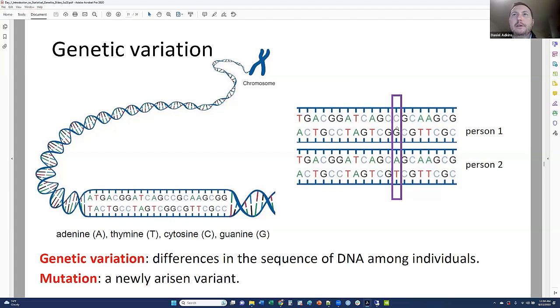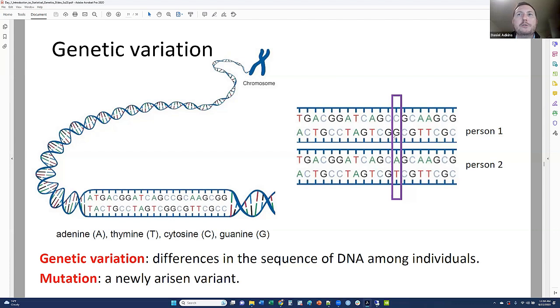And here we've got CG in person 1 and AT in person 2. Is this relevant to any phenotypes? Maybe, maybe not, right? Maybe it's of no consequence at all, or maybe it has a critical consequence for phenotypes. In subsequent slides, we're going to learn what distinguishes variants that are highly influential on phenotypes versus variants that are essentially irrelevant.